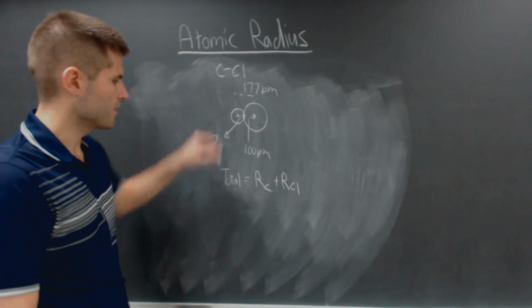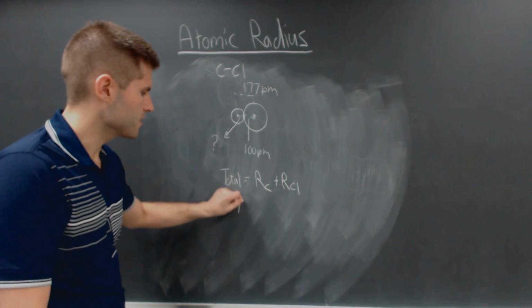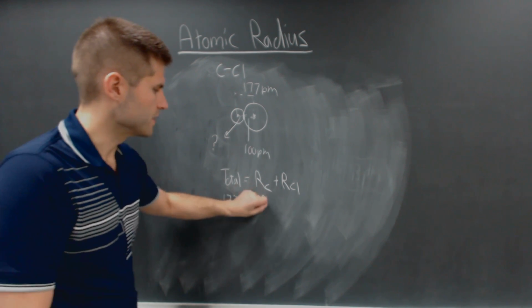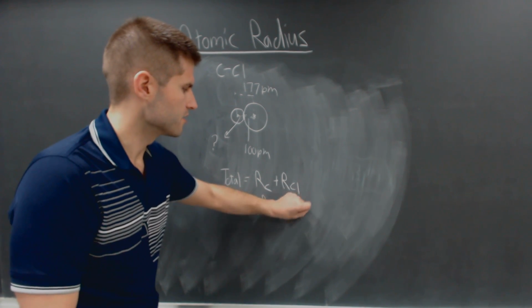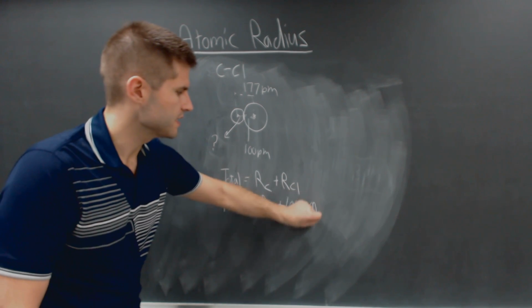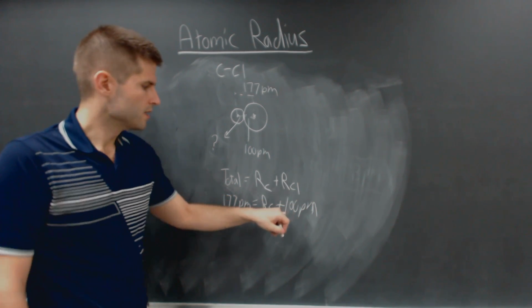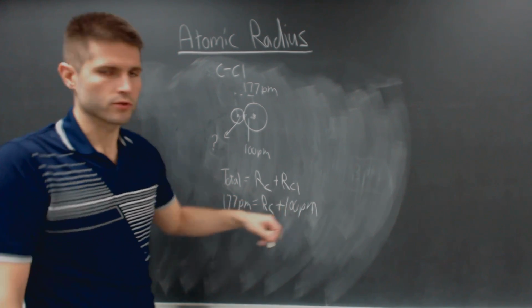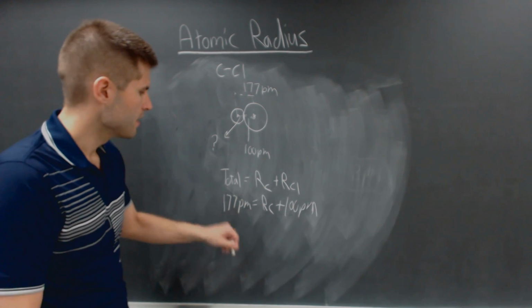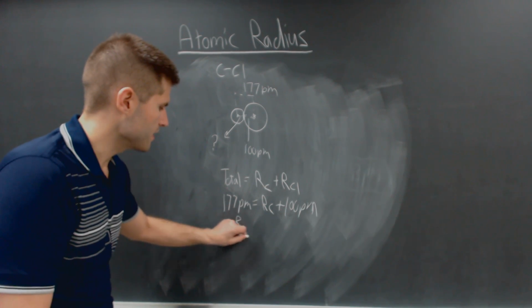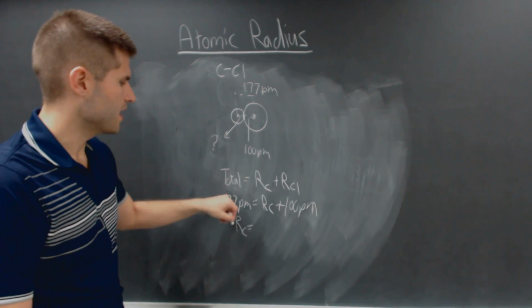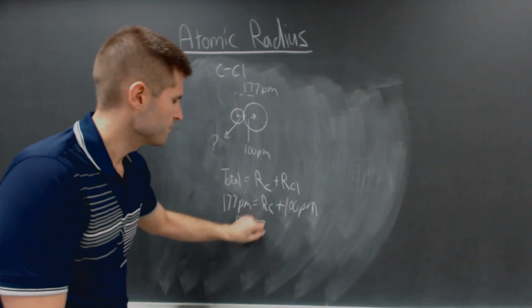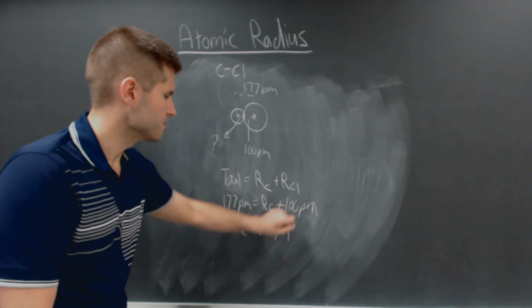We just plug in our values. 177 picometers is equal to the atomic radius of carbon plus 100 picometers. We knew this from a previous problem. So this would be given to you if this was a problem on a quiz or an exam. And we could solve for the atomic radius of the carbon in this interaction, which is just going to be 177 minus 100, which is 77 picometers.